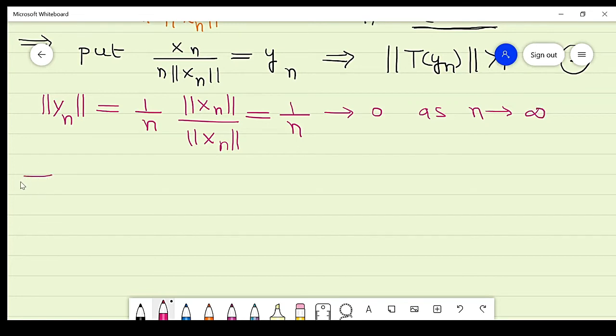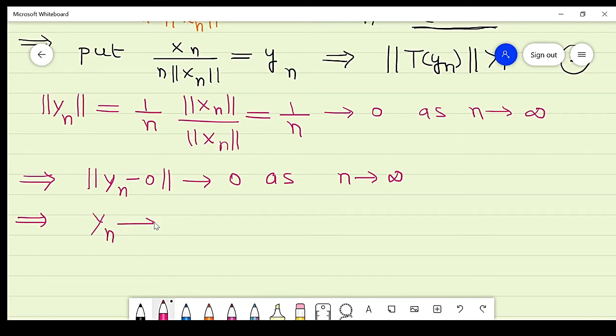So it means we get norm of yn minus 0 approaches 0 as n approaches infinity. What we understand from this is that the yn sequence approaches 0 as n approaches infinity.